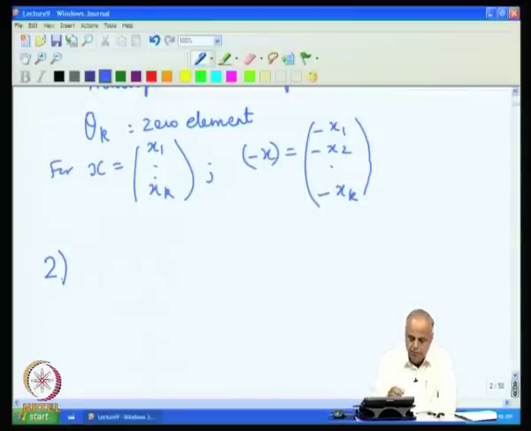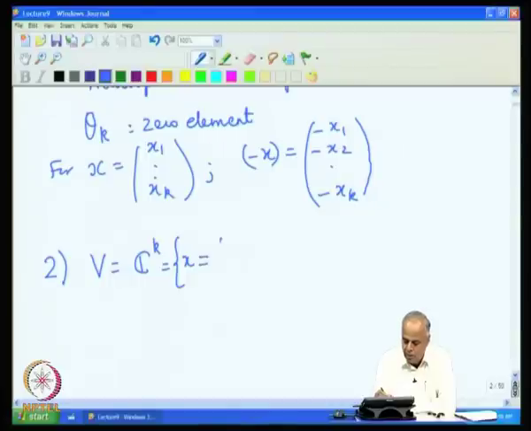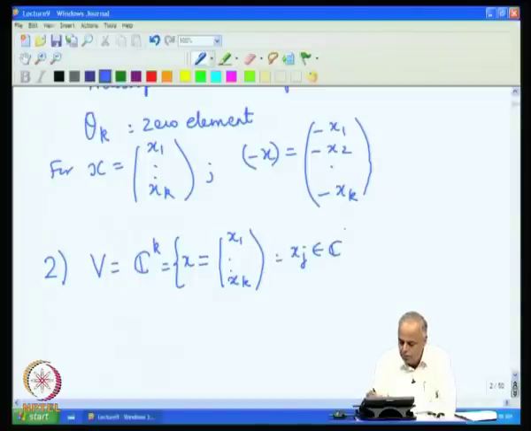The second example is we replace the real numbers by the complex numbers. So, the real field is replaced by the complex field. So, we take V to be C k, which is the set of all the column matrices x 1, x 2, x k, where x j are complex numbers. Again addition is entry wise, scalar multiplication is entry wise. We will call this entry wise addition and entry wise scalar multiplication as usual addition and scalar multiplication.